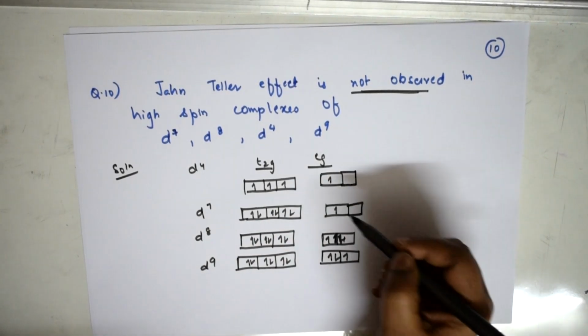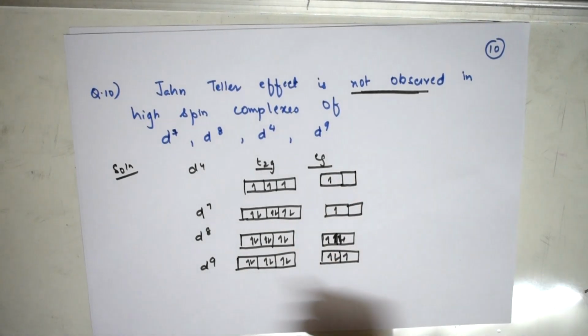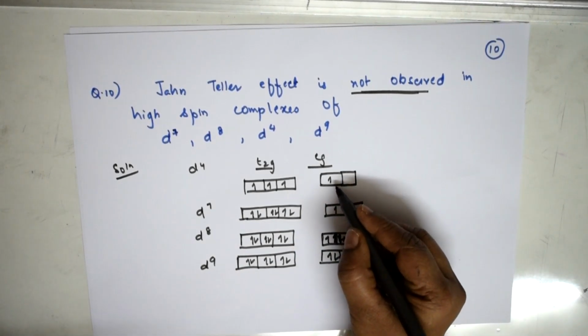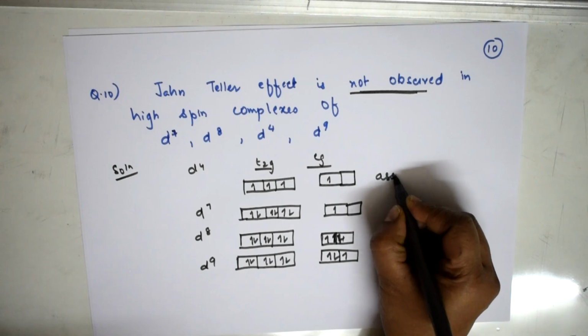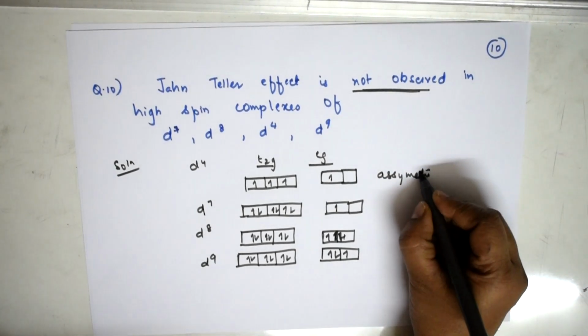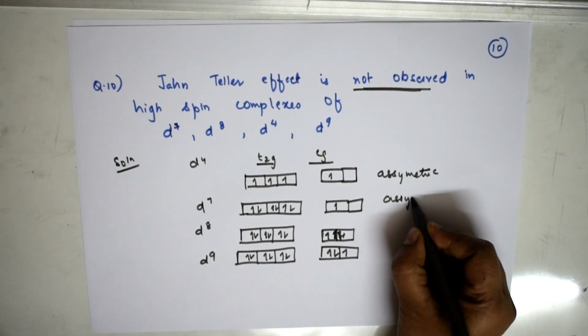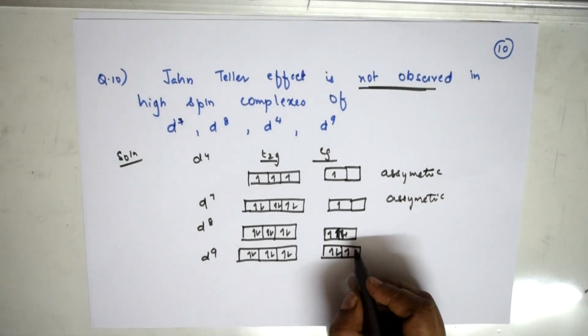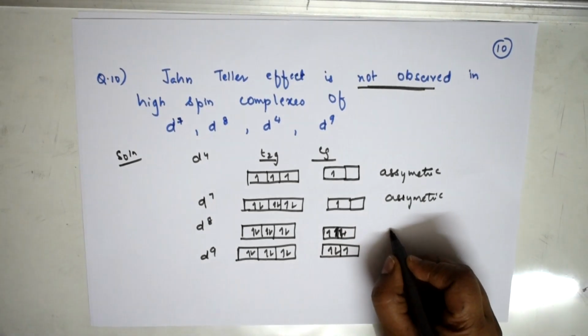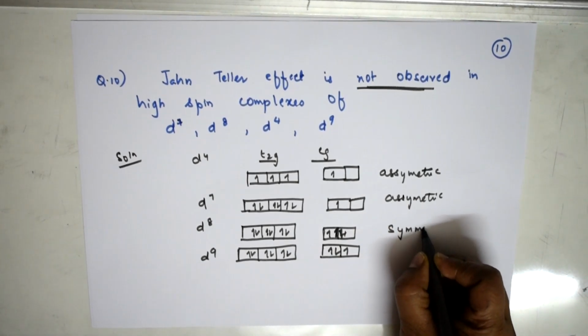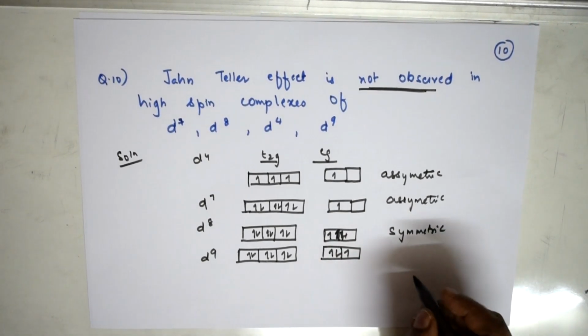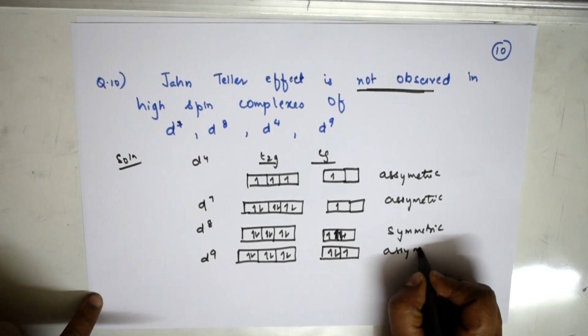Wherever there is one electron, this is asymmetric in nature. Next, here this is also 1, also asymmetric. Here we have half and half, this is symmetric in nature. Then again this is also asymmetric.